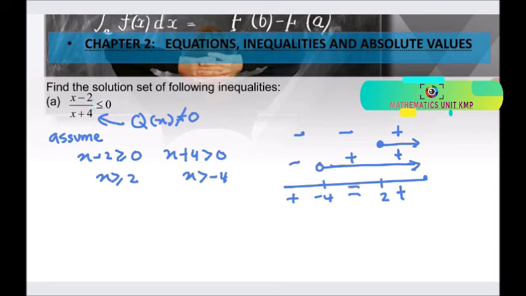Let's bring negative. Okay, so the question wants us to write the solution set. So let's write the answer in solution set. x is greater than negative 4 and x is less than or equal to 2.